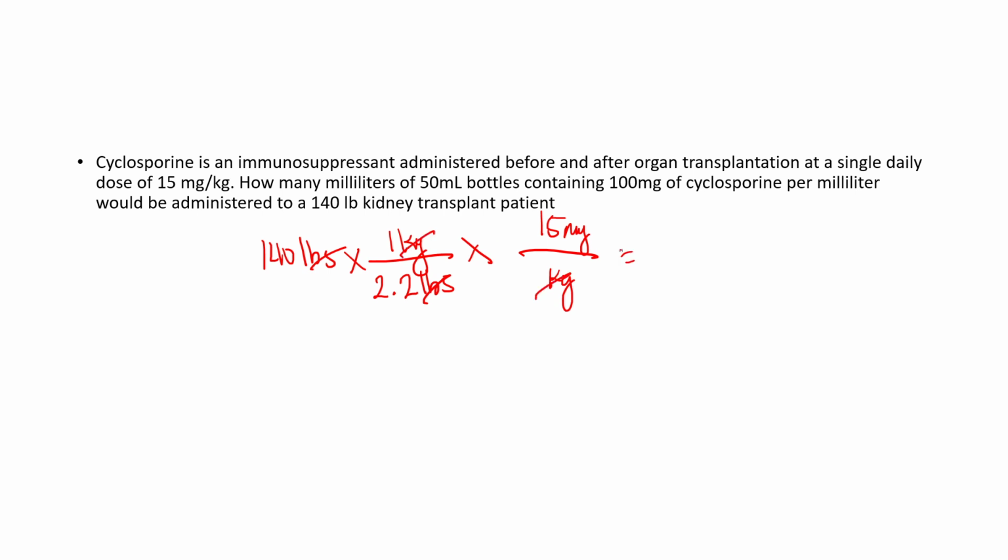So the dose is actually 140 divided by 2.2 times 15. You have a dose of 954.54 milligrams, and it's pretty large. And how many milliliters of 50 ml bottles containing 100 milligrams of cyclosporin per milliliter would be administered?